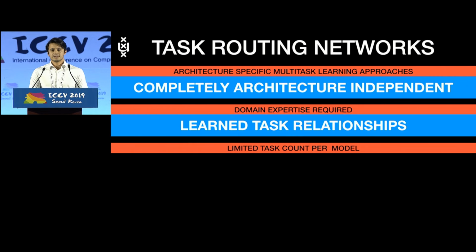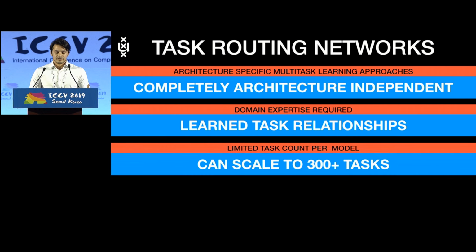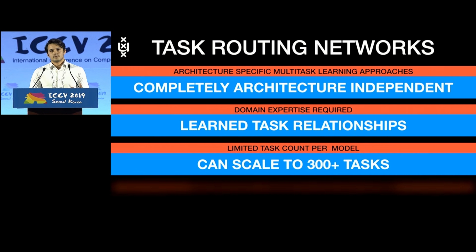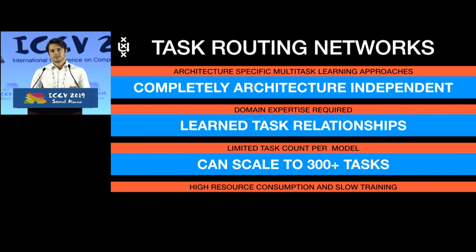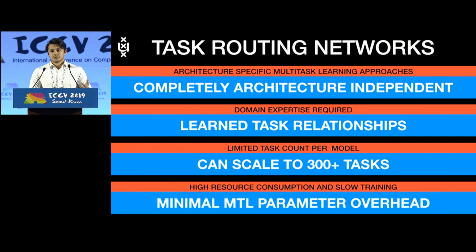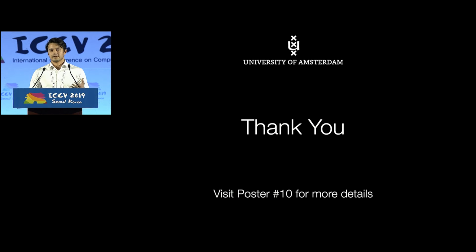Second, we do not need domain expertise to forge task relationships, because we enforce a random solution and learn it all the way through. Third, we have pushed the limit a bit on the number of tasks we can do with a single model, because we can scale up to more than 300 tasks. And finally, we have a minimal multitask learning parameter overhead.